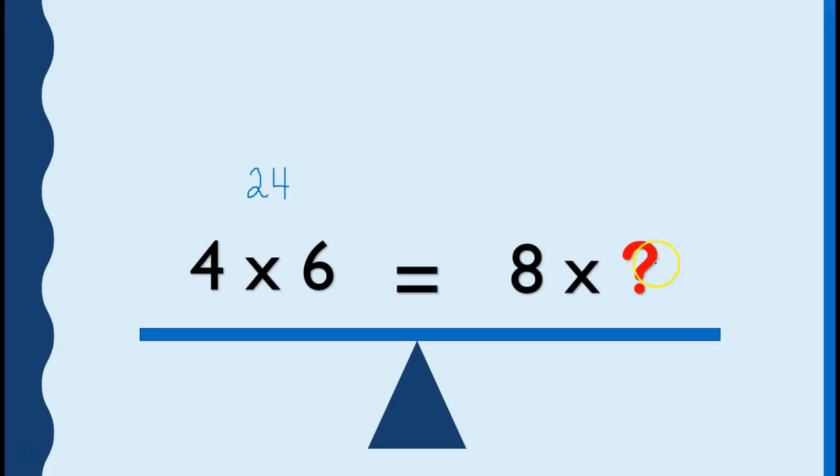Well, if you don't know that offhand, then you might want to do some skip counting or write your math facts over to the side. Take the time to do it. And looky here. 8 times 3 is 24. So I would put a 3 here to make this an equation, to make both sides have the same value.